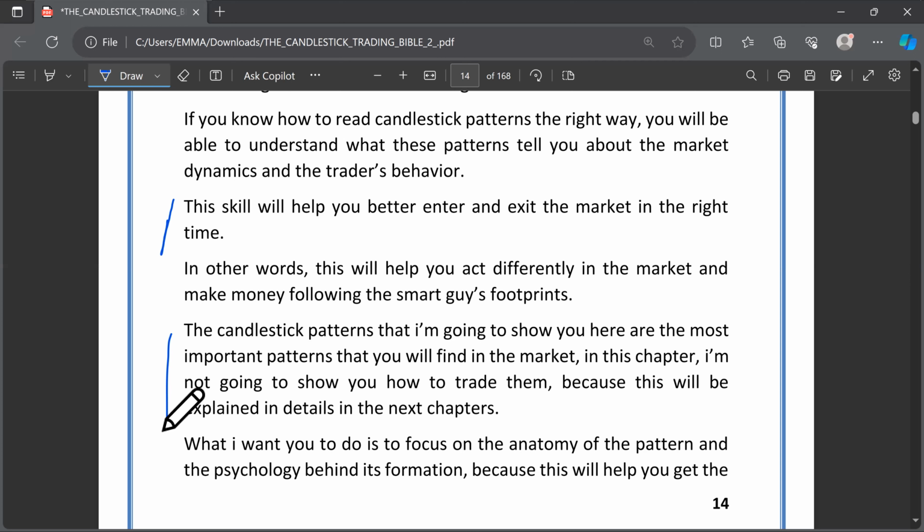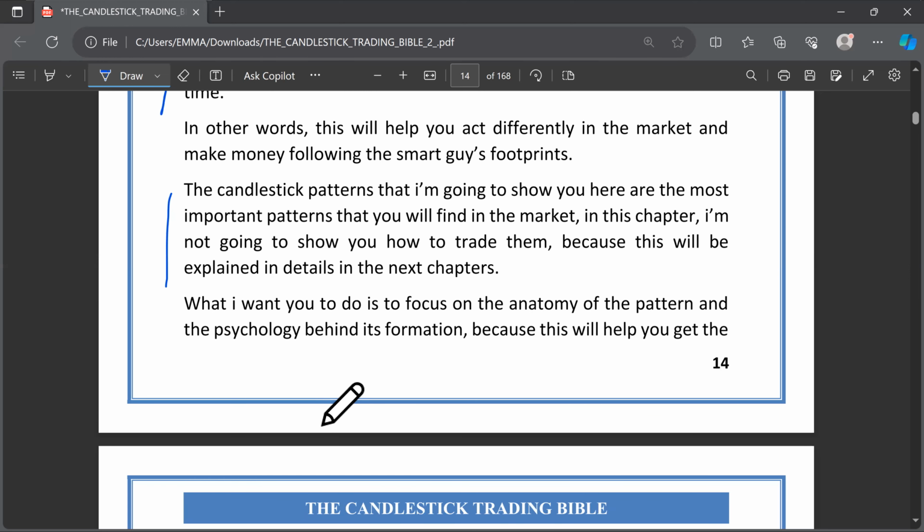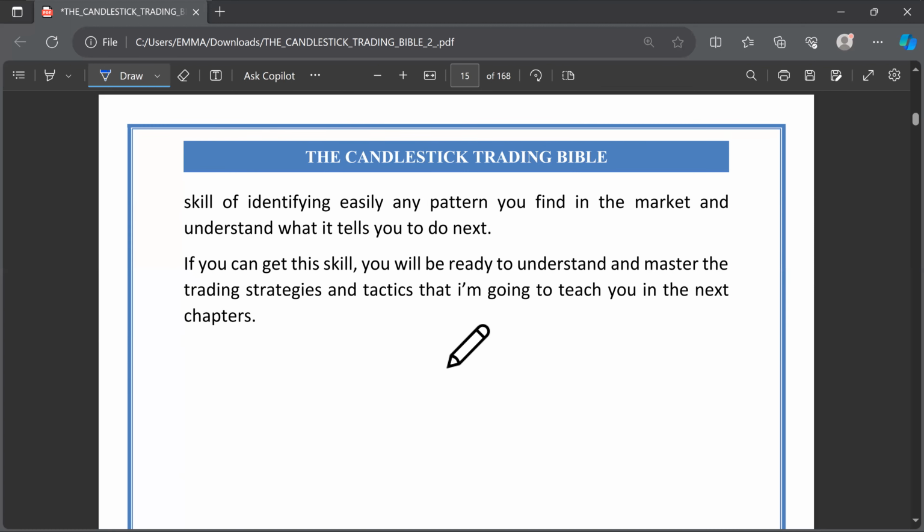Now, what I want you to do is to focus on the anatomy of the pattern and the psychology behind its formation, right? Because this will help you get a skill of identifying easily any pattern you find in the market and understand what it tells you to do next.